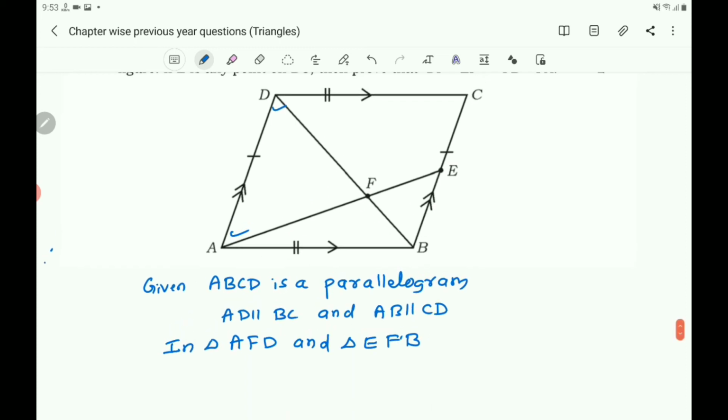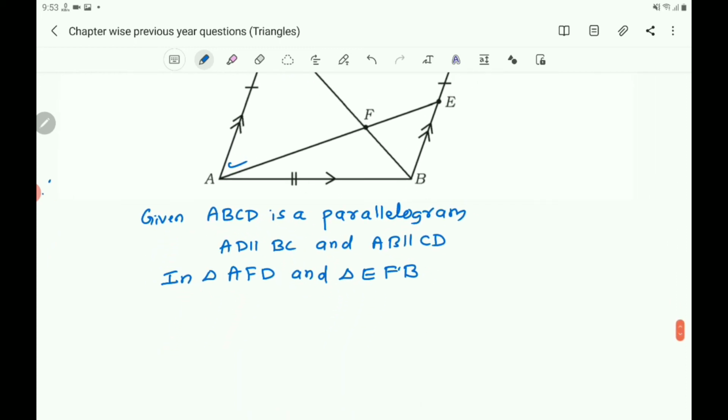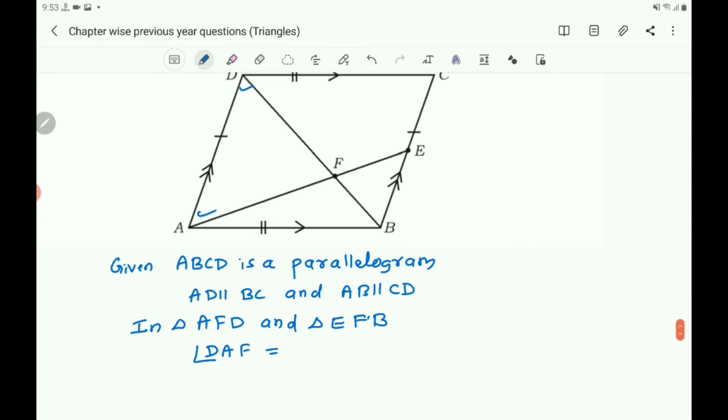So you can have this angle. What is the name of that angle? That is angle DAF. Angle DAF equals angle FEB. Why are they equal?